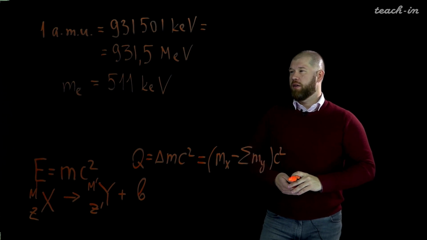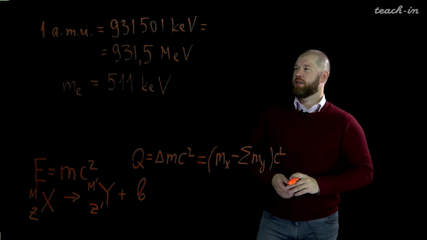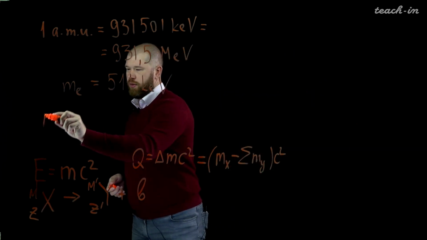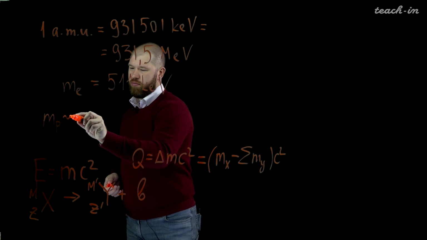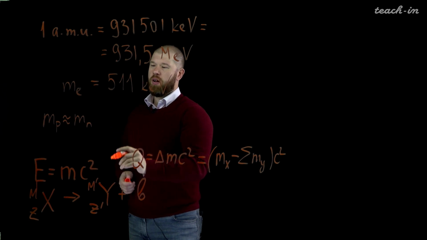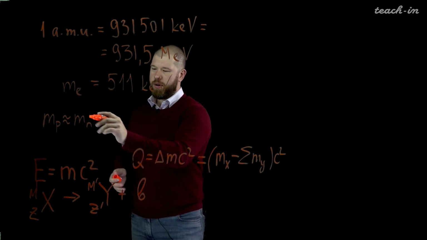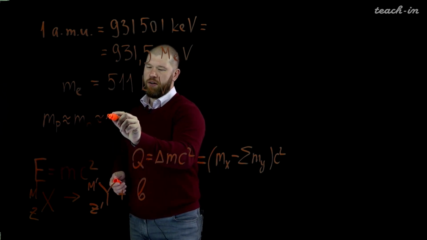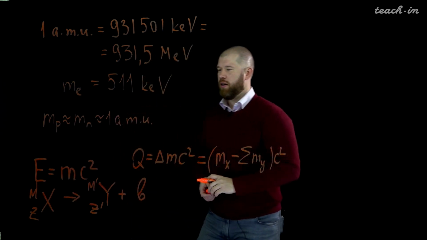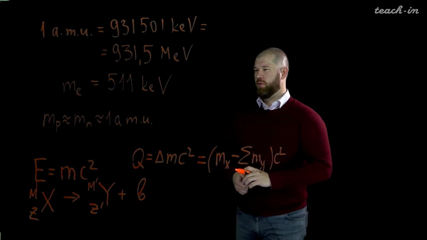Okay, and as far as the mass of protons and neutrons, they're more or less the same. Mass of neutrons a bit higher than the mass of protons, but we can say it's around one atomic mass unit.